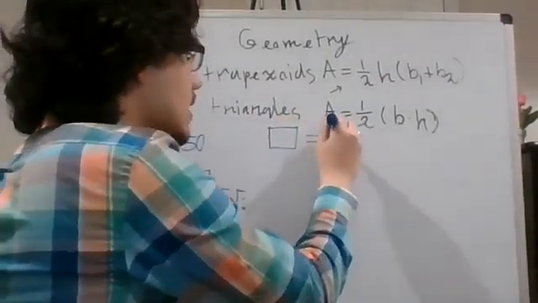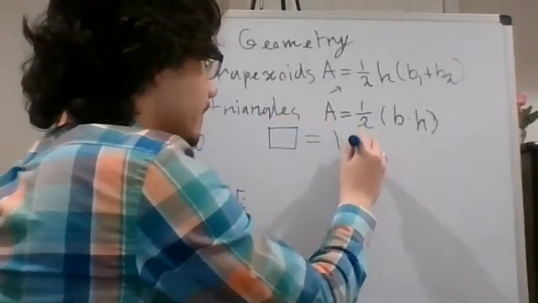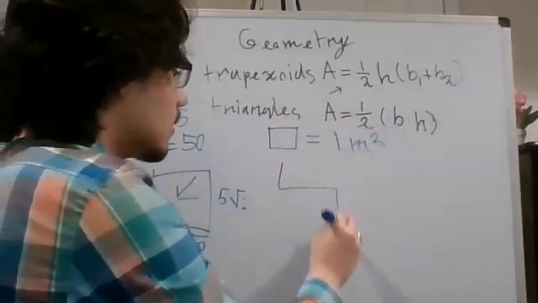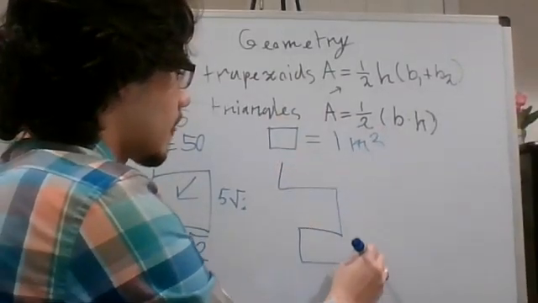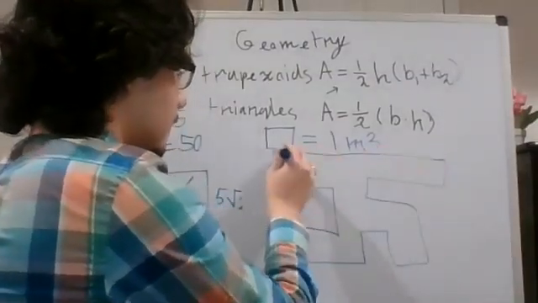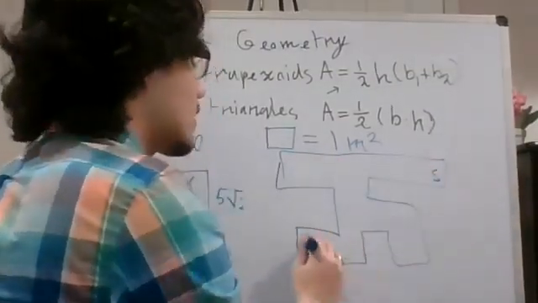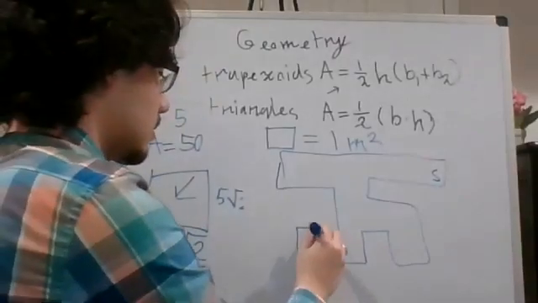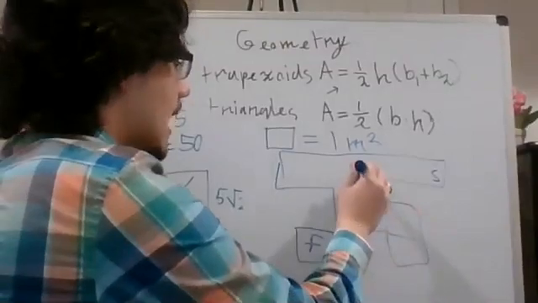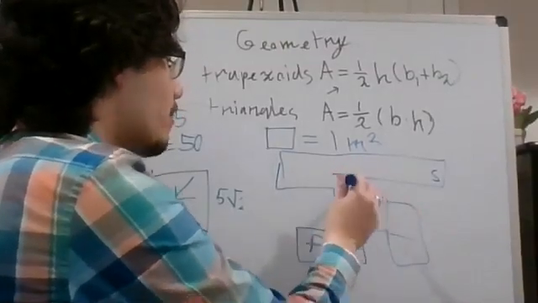So a square is equal to 1 square meter. Let's say this was the start and this is the finish. How would we find the area of this whole maze?